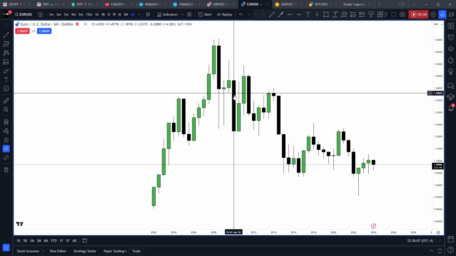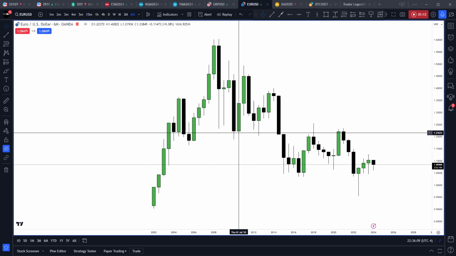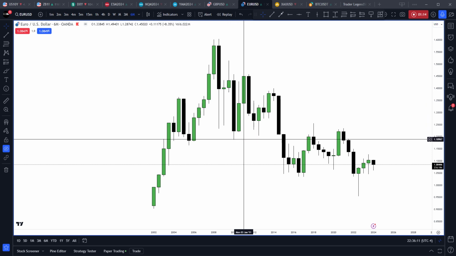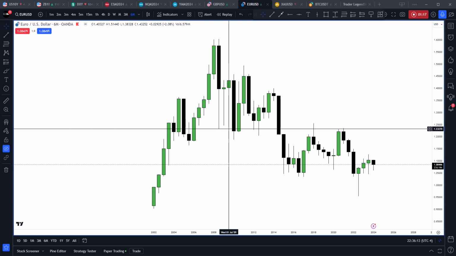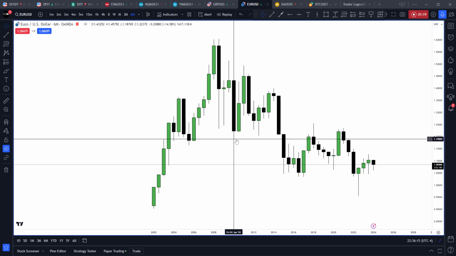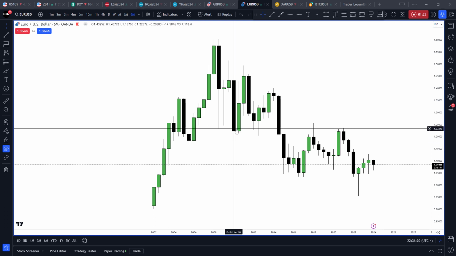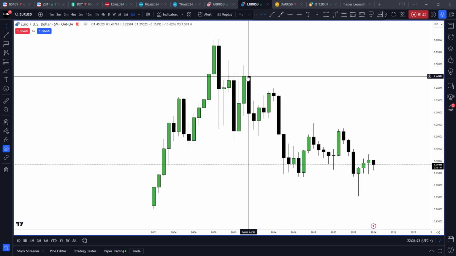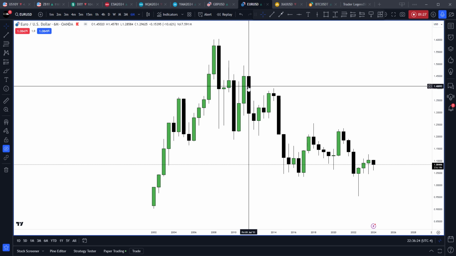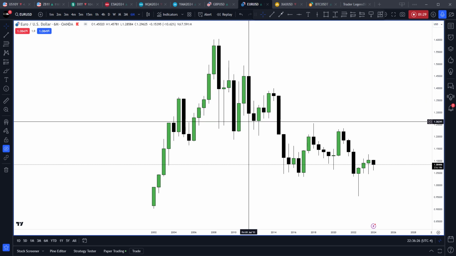Consolidated rally. Sold off. Took stops. This is 2010. Right. Come back up. 2011. Failed to trade up to the highs. Come back down.